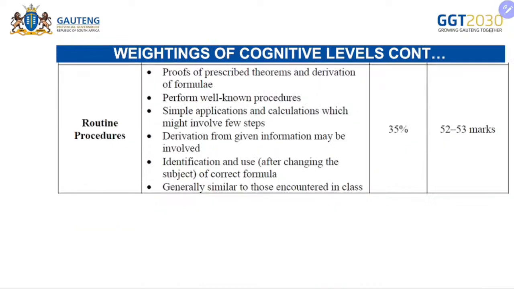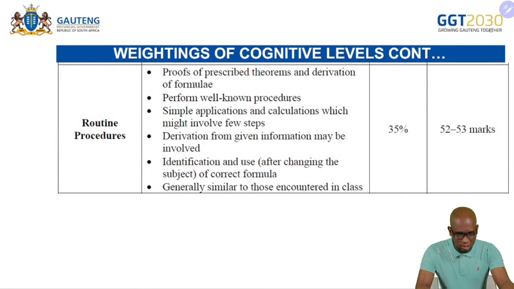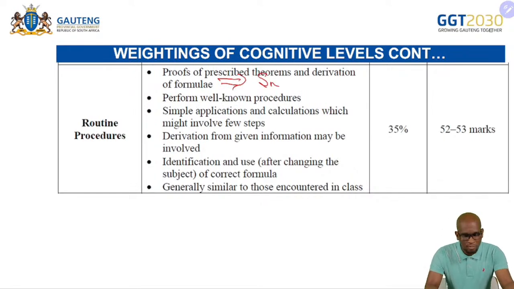Right, moving on to the second part, you see that it's routine procedures. When you are required to prove theorems and derive formulae, this you can see usually in paper 1, it is tested when you want to prove the sum of n terms of either a geometric or an arithmetic sequence. That would just be a proof, so it falls under routine procedures.